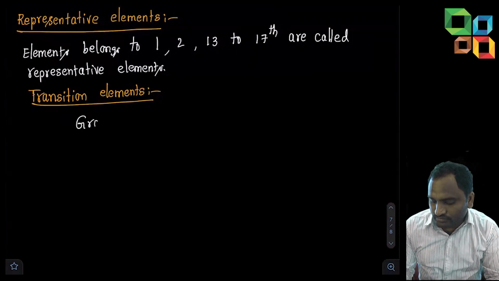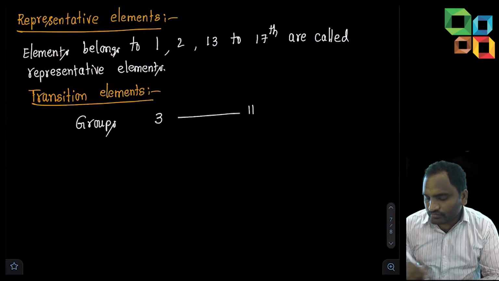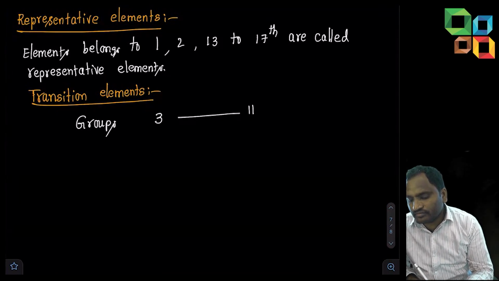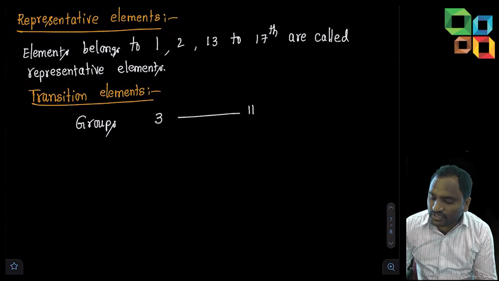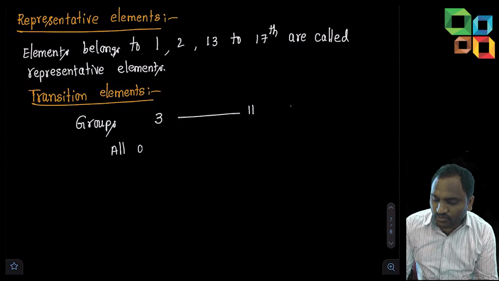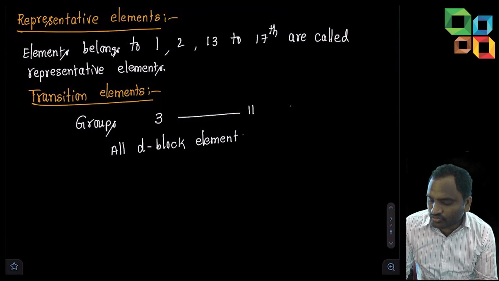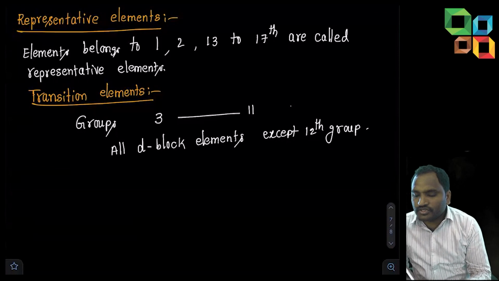Groups 3 to 11 are called transition elements. Why is the 12th group not included? Otherwise, all D block elements. I'll explain what the D block elements are. All D block elements except the 12th group are called transition elements.